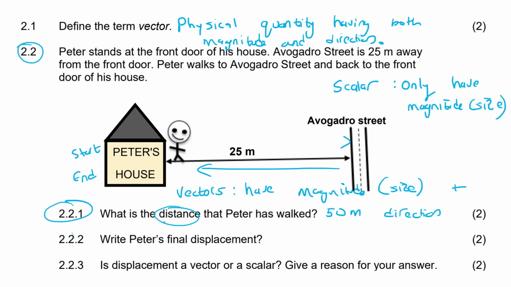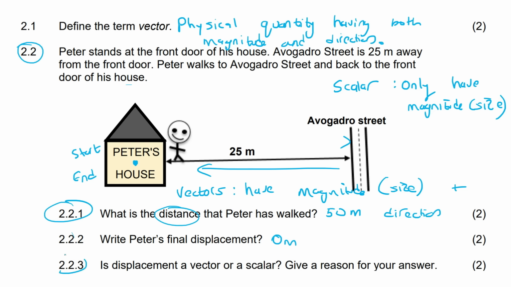Why? Because Peter walks to Avogadro Street and then walks back to his house. So the starting and the ending position are both at Peter's house. So what is the distance between the starting and the ending position? 0 meters, because you're starting and you're ending at the same place. So the displacement is 0.